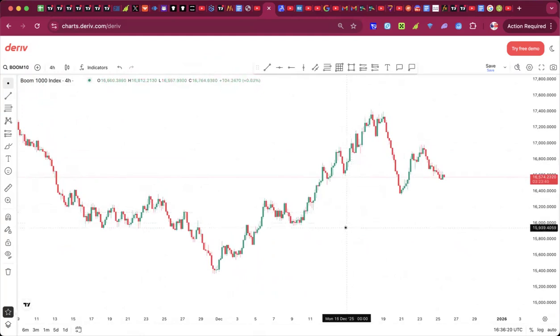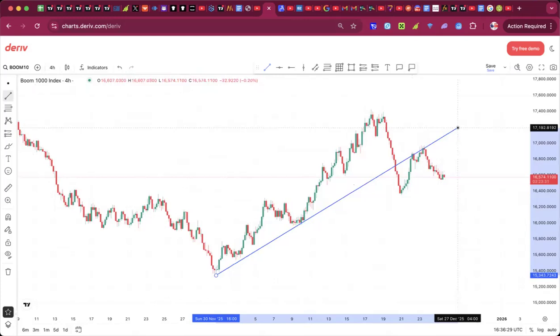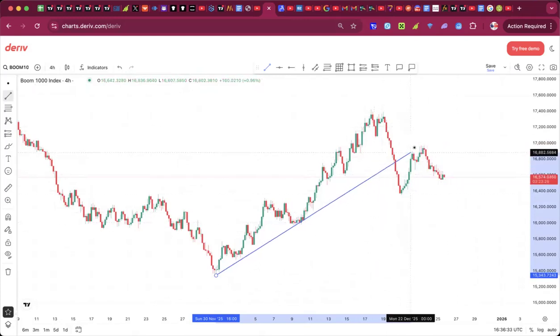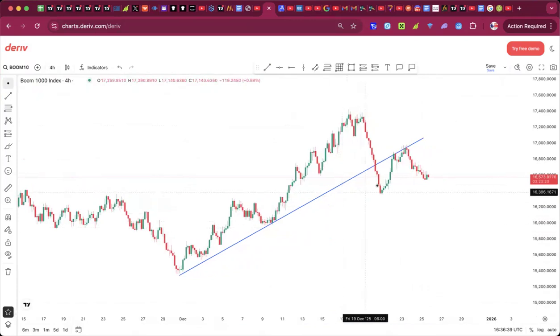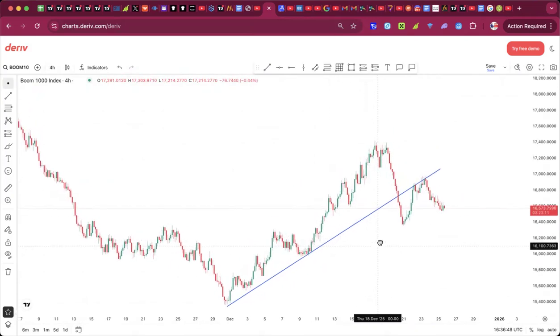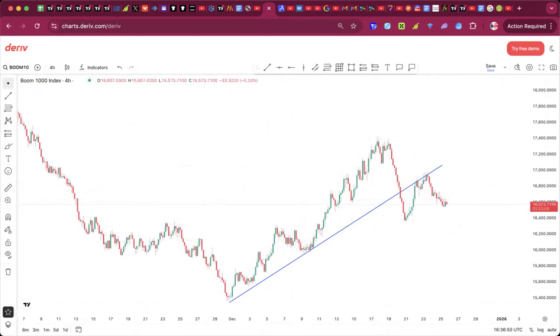Like this now, it will be confusing for you because even if you take your trend line, practically speaking Boom 1000 was an uptrend. Now it's a downtrend, so it's a bit complicated. You don't need to overstress yourself, because if the market is not pure, it's not pure. So I would go to Crash 1000.